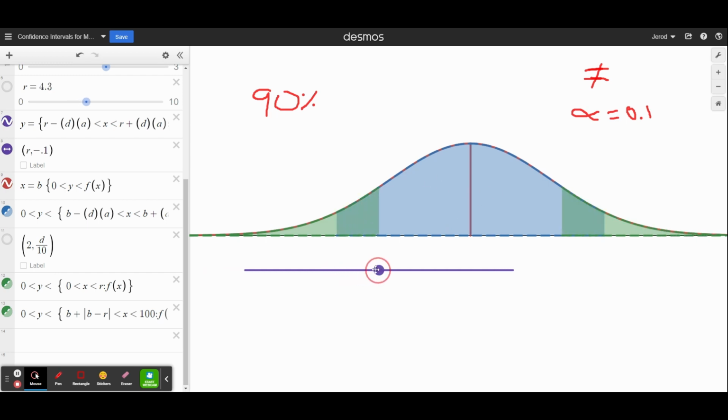If we move it inside the blue area, you can see our confidence interval is capturing this proportion, and our green area here, which represents our p-value, the sum of these two green areas, would be greater than 10% now because it would be inside.